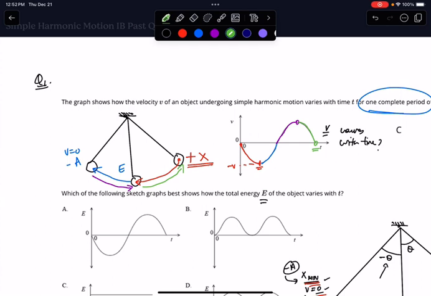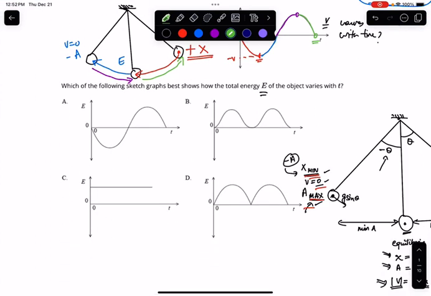Okay. Now after this, they're asking us, how does the energy E vary for an object with time t, right?